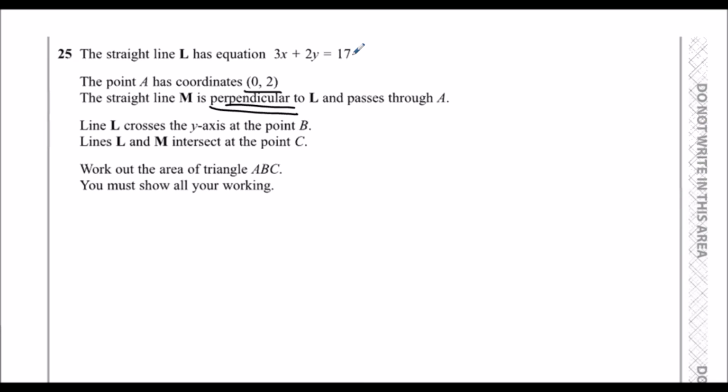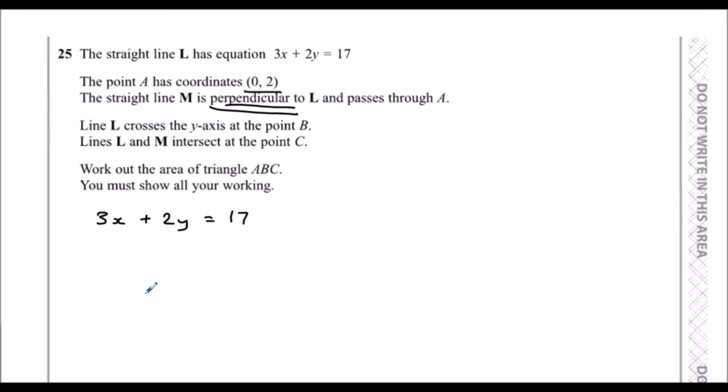So let's start by rearranging line L into the form y equals mx plus c. That will give us its gradient, which means we'll be able to find the perpendicular gradient for the other line. And it will also tell us where it crosses the y-axis, and that will be this point B. So we've got 3x plus 2y equals 17.